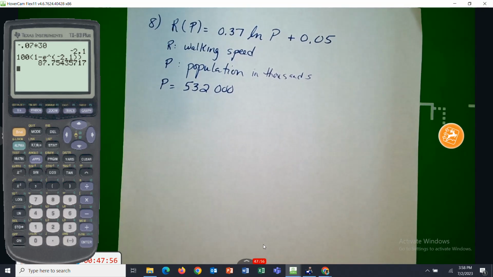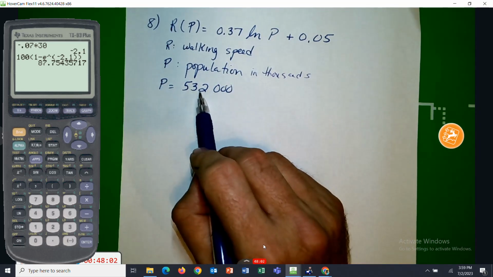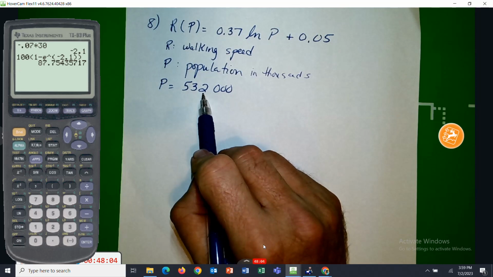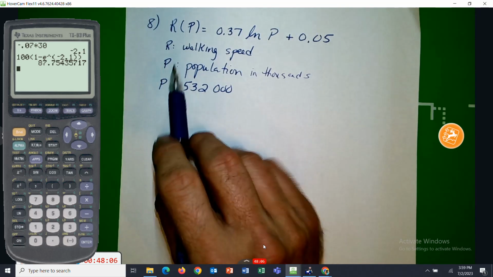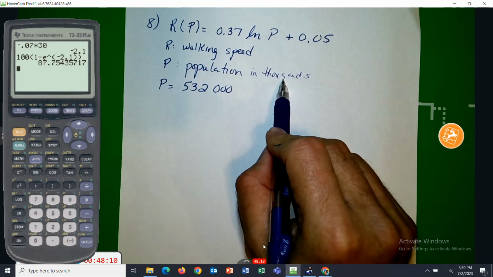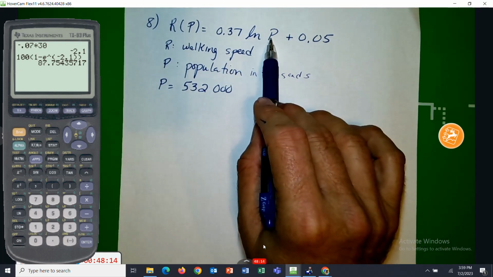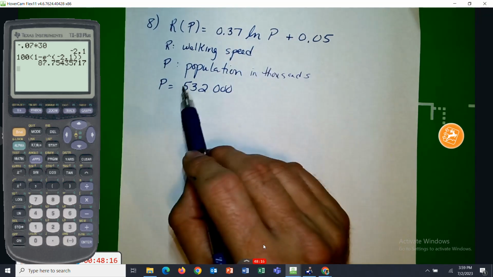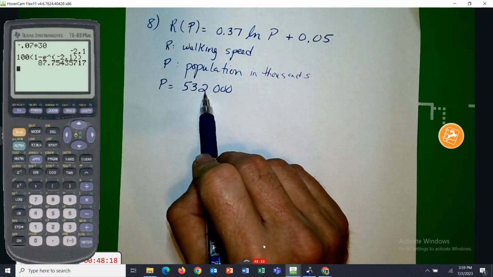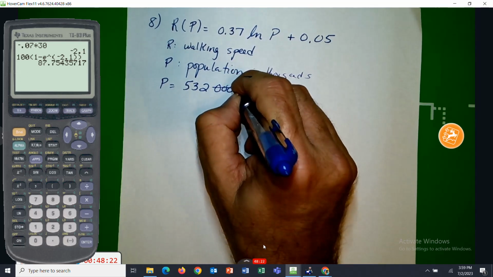Okay, we're going to find the walking speed of a person living in Boston where the population is 532,000. Well, notice I wrote that P is the population in thousands, which means the P that I'm going to plug in for isn't 532,000. It's just 532.